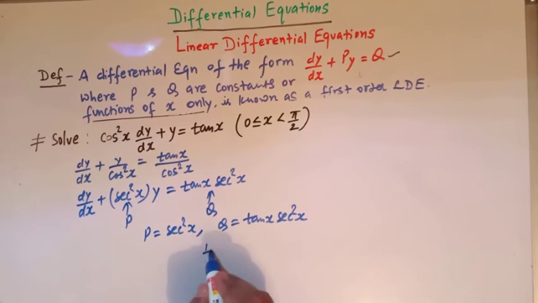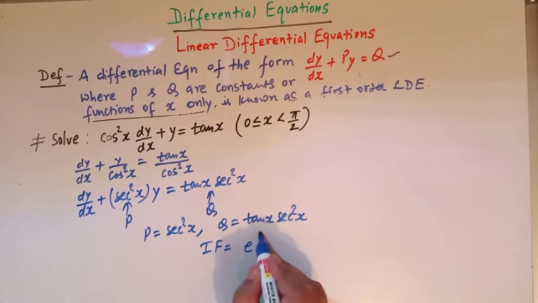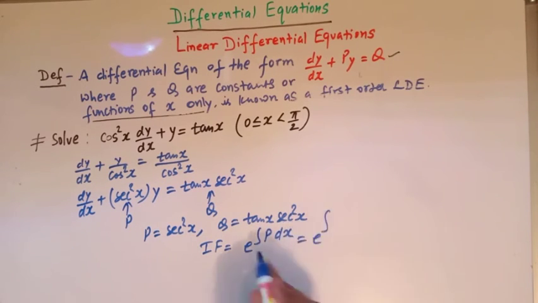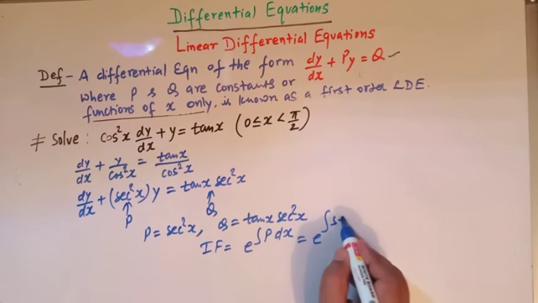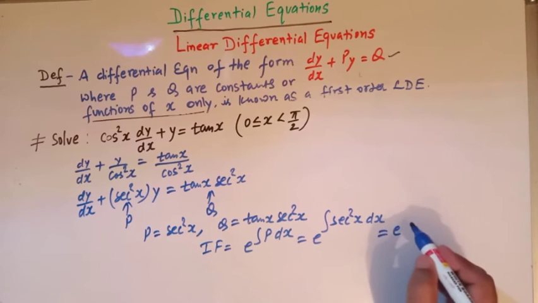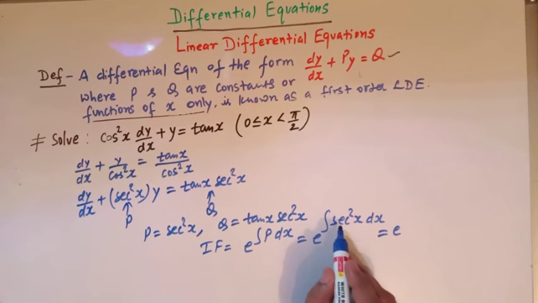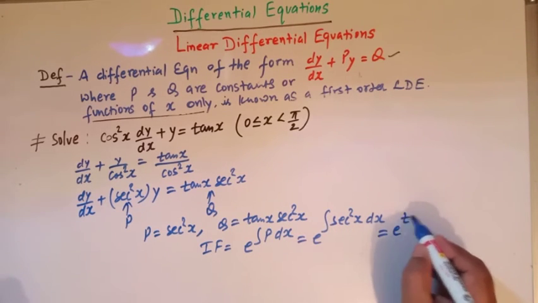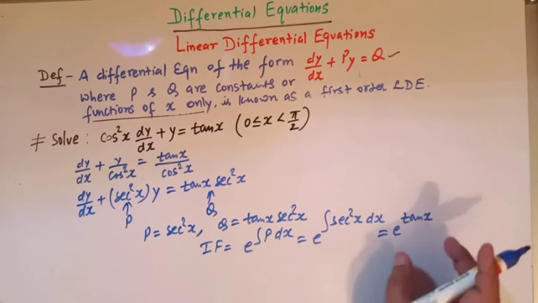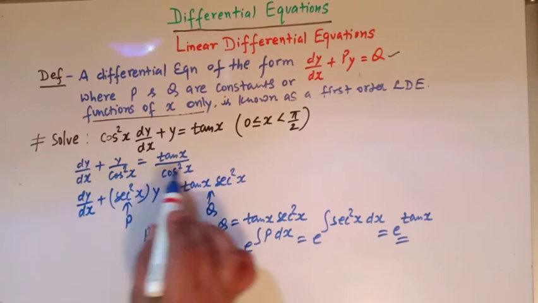Clear? So the integrating factor is e raised to the integral of p with respect to x. So we have the integral of p, which is sec square x dx. So we have e raised to the integral of sec square x, which is tan x. Clear? So this is the integrating factor of this differential equation.